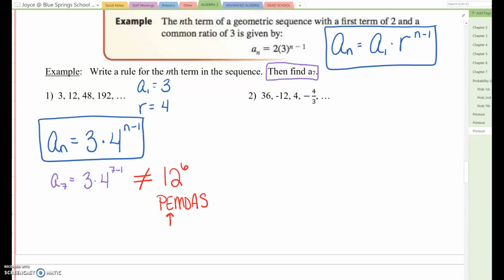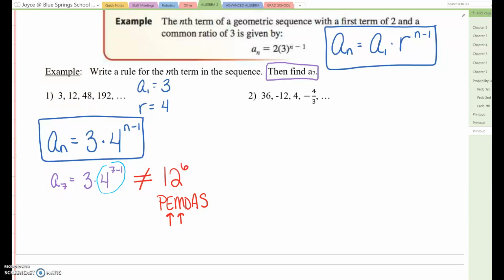Exponents must happen before multiplication. So this part, 4 raised to the 7 minus 1, must happen before you multiply by 3. So never, ever, ever do the multiplication before the exponent. Always make sure you do the exponent first.